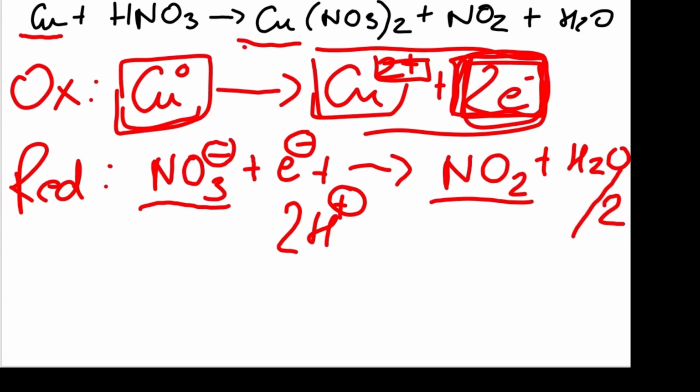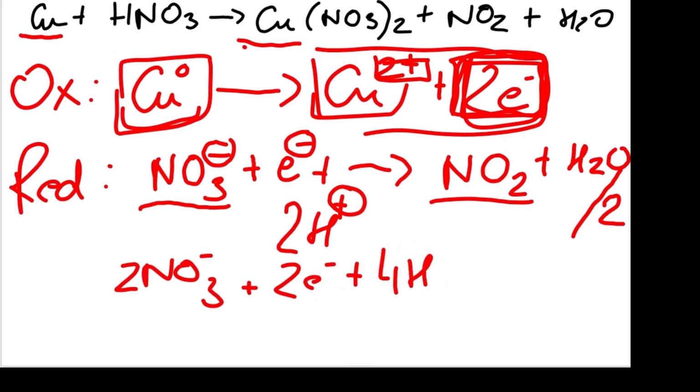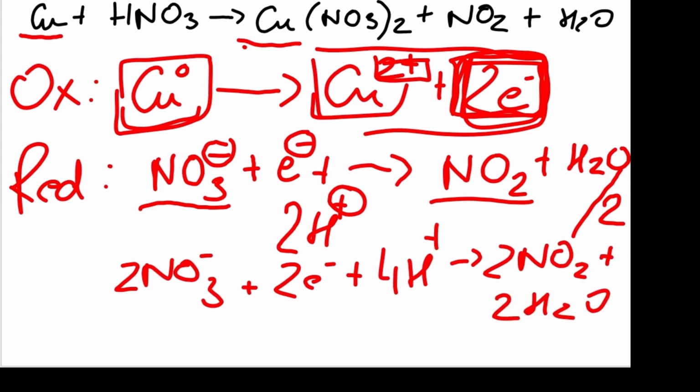So we obtain 2 nitrate anions plus 2 electrons plus 4 hydrogen cations, and we obtain 2 nitrogen dioxides and 2 particles of water.